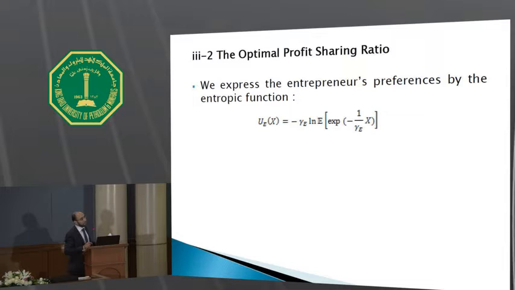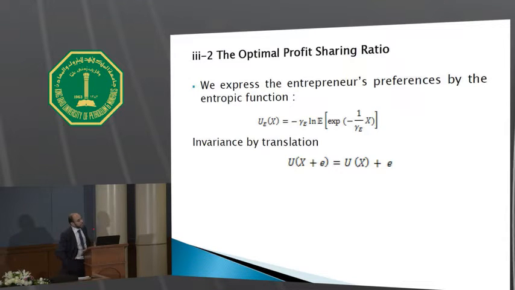To specify the attitude of the entrepreneur toward risk, I have chosen one of the monetary functions, which is the entropic function. This function is interesting because it has a very interesting feature.